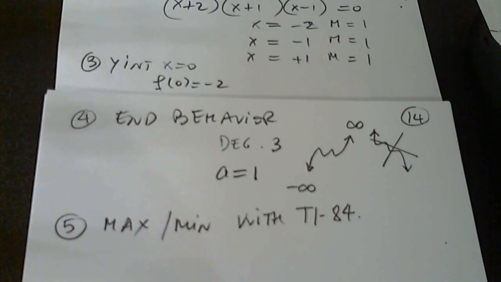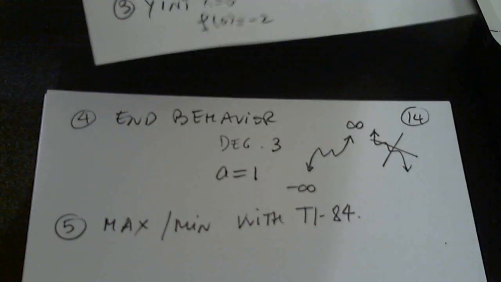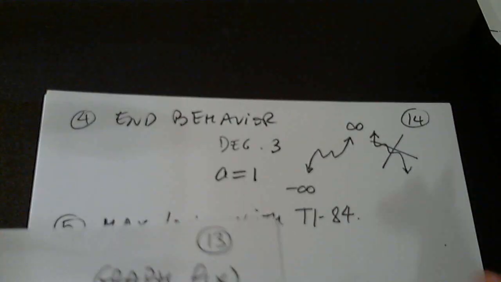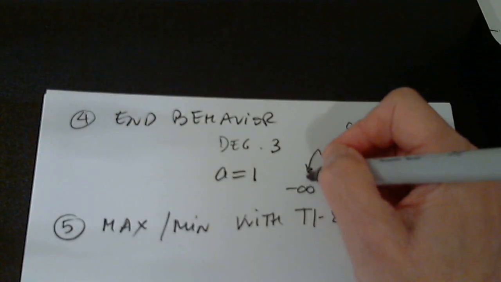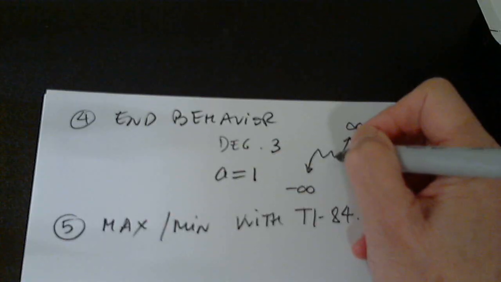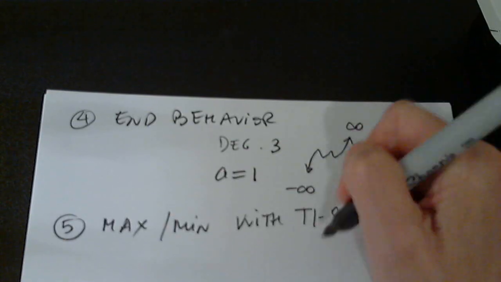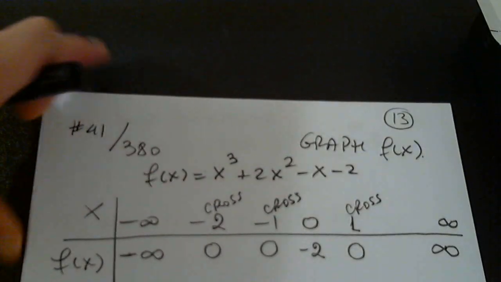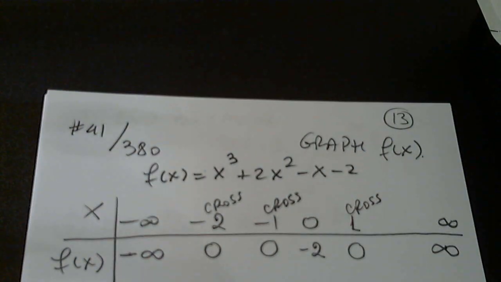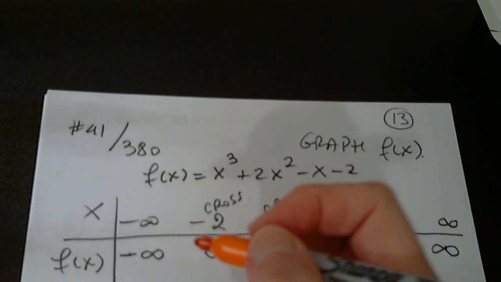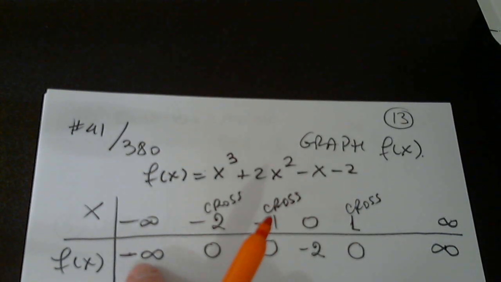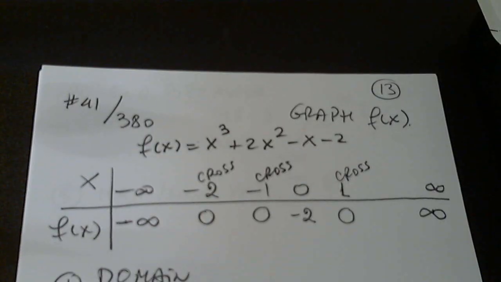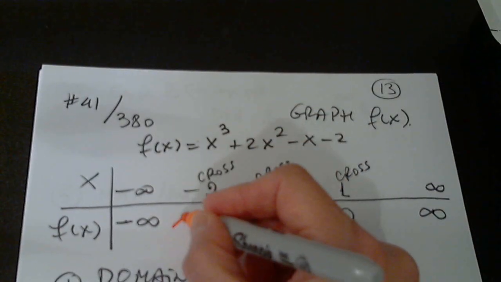One other thing that I mentioned, but not clearly: these functions are smooth, continuous functions. No gaps, no jumps. Okay, so now let's look at the table. The table says that the function is coming from negative infinity up to 0.